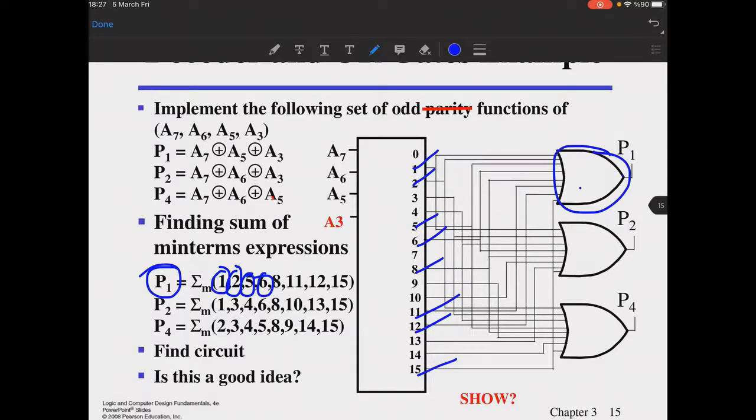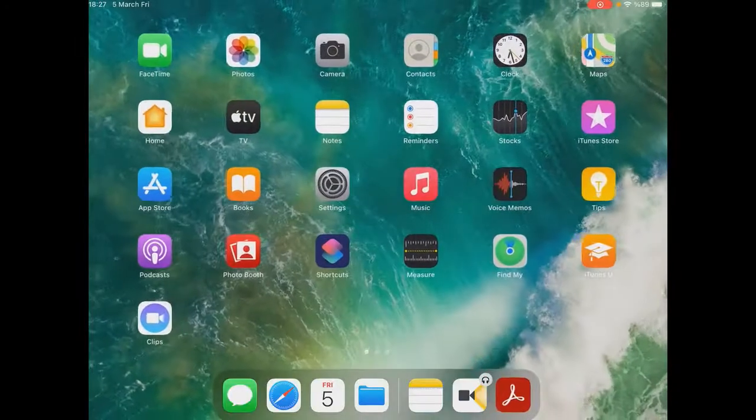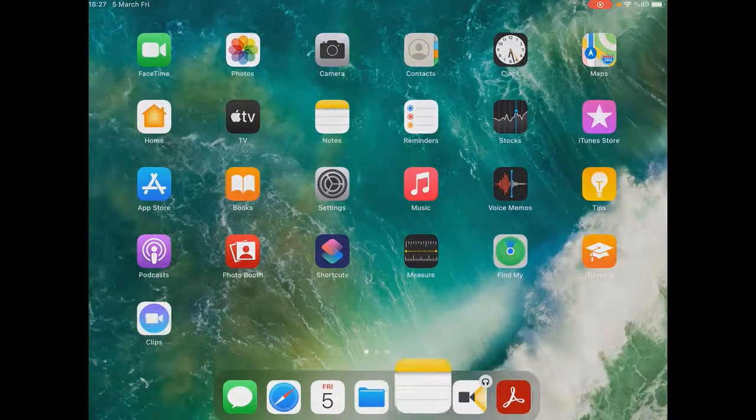That's the idea. And you do this for P2, and you do the same thing for P4 as well. This is how you implement it with a decoder. But is this a good idea, or is this the best idea? Now let's take a look at this together.